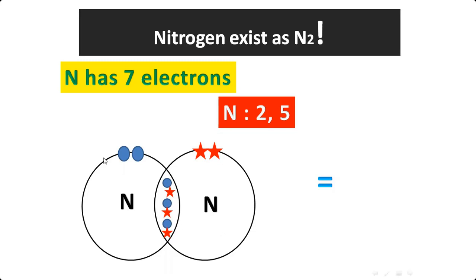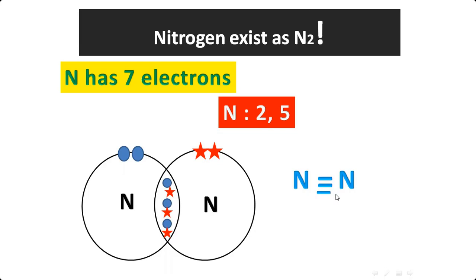Here we have 1, 2, 3, 4, 5, 6, 7, 8. We have 8 electrons around the first nitrogen. What about the other nitrogen? We have 1, 2, 3, 4, 5, 6, 7, 8. So here we have 8 electrons around the nitrogen atom. When we write the formula, we write it as N2.